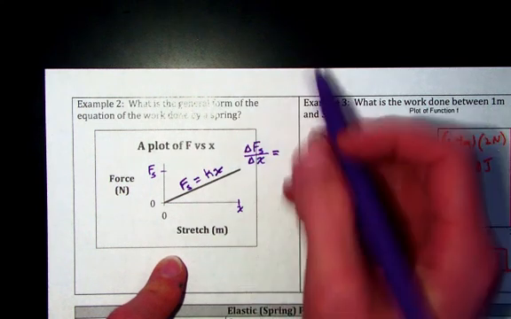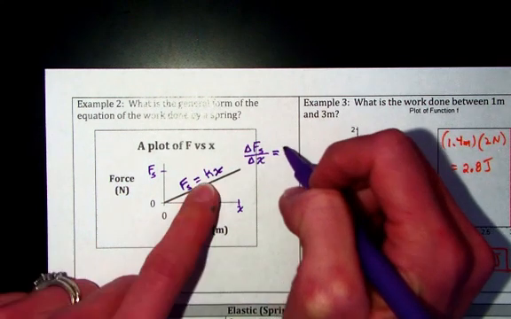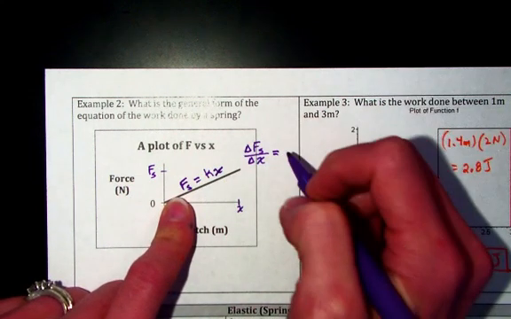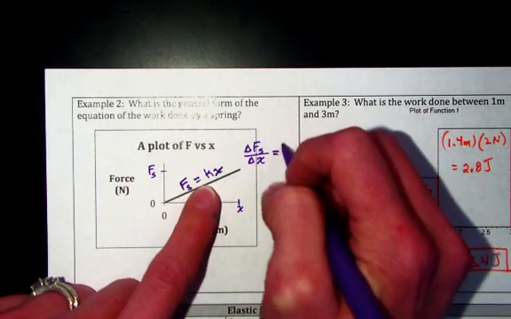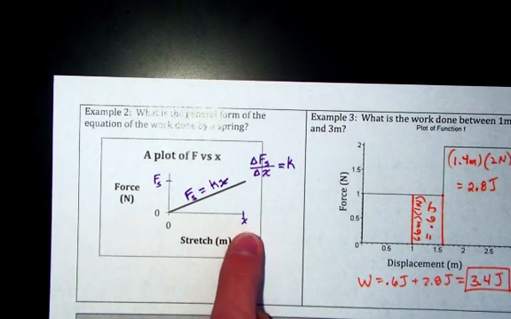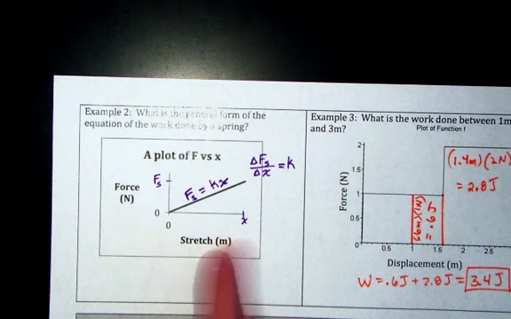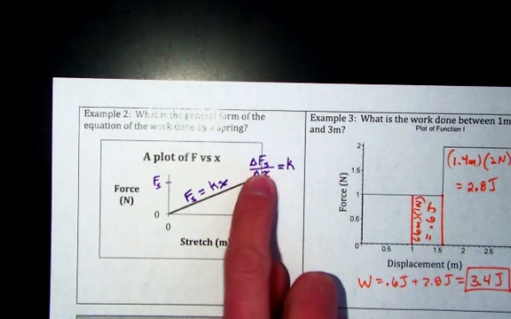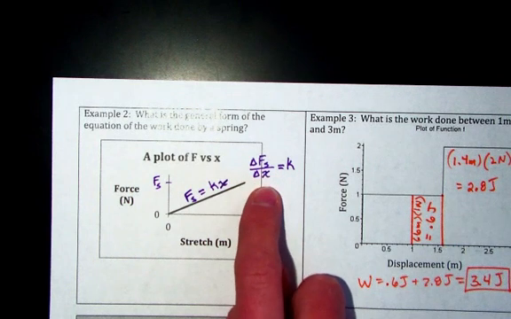That's going to be the slope, but what is the slope of this equation here? k, good. All right, so the slope of a force versus displacement graph, a spring displacement graph, is going to give you the spring constant, all right? So the spring constant is in newtons per meter, right?